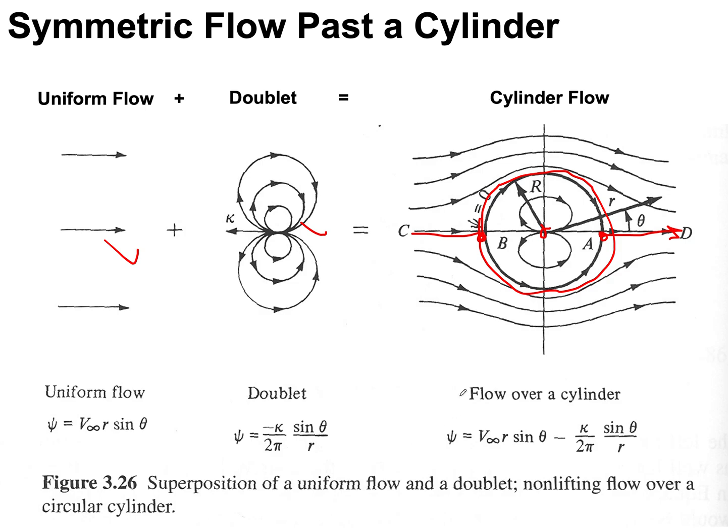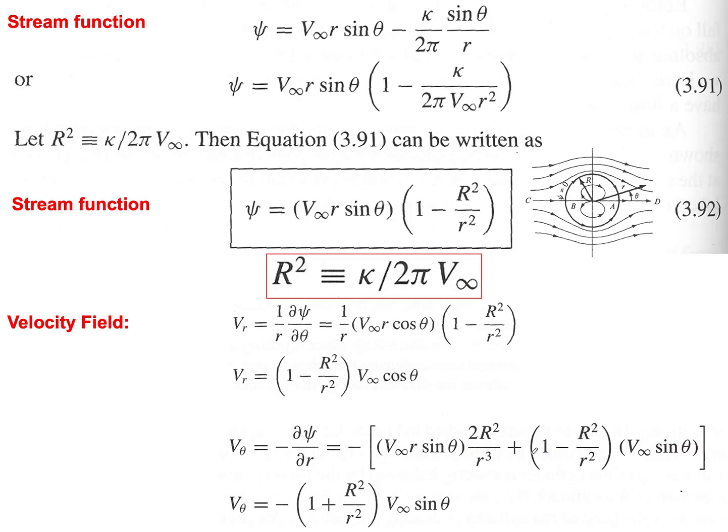So we found here that the value of the stagnation streamline that goes through the stagnation point is 0. So now you set psi equal to 0, and you end up with a relationship between r and theta.